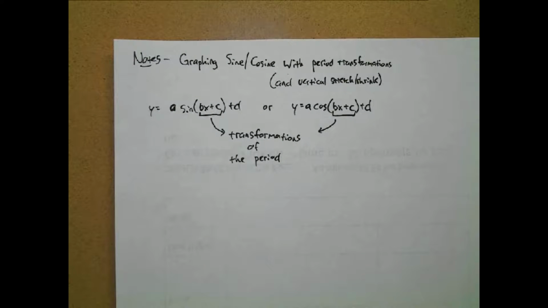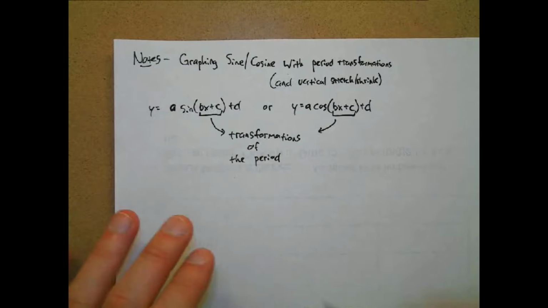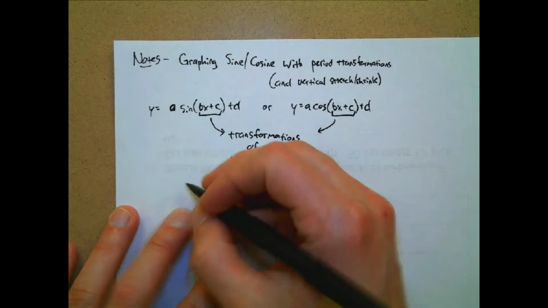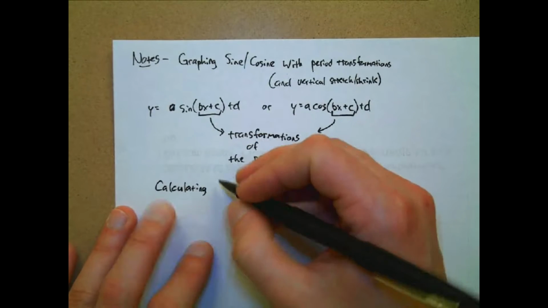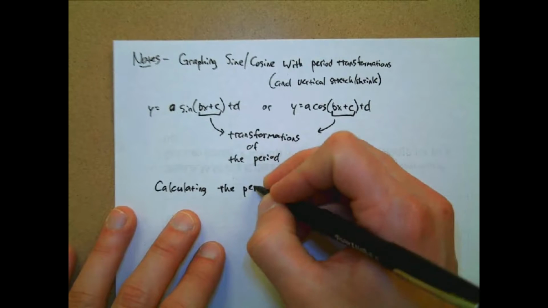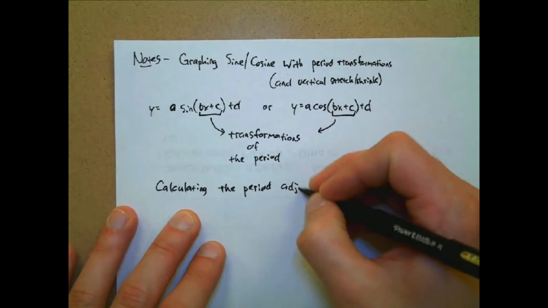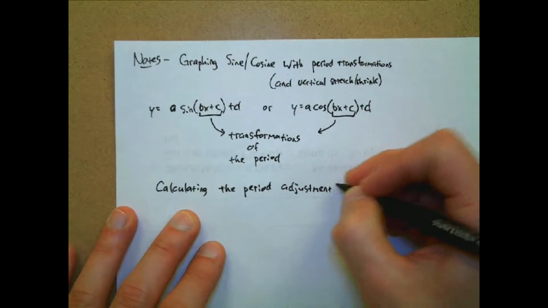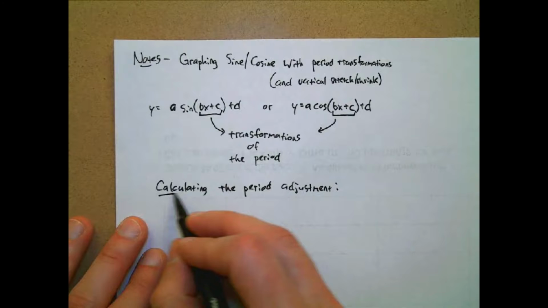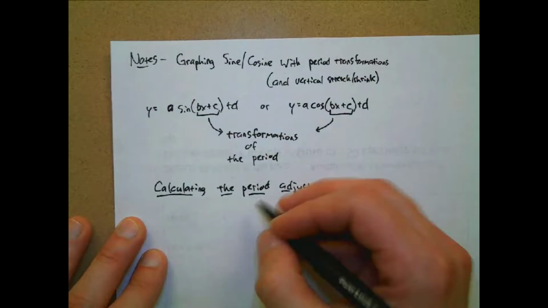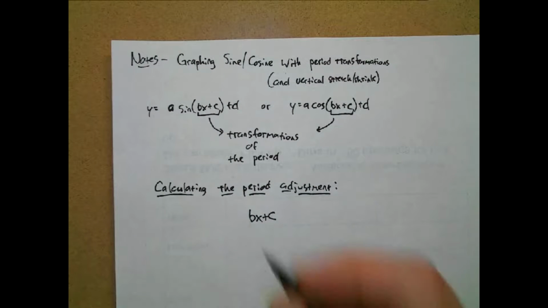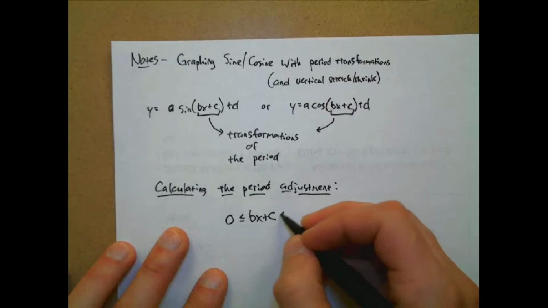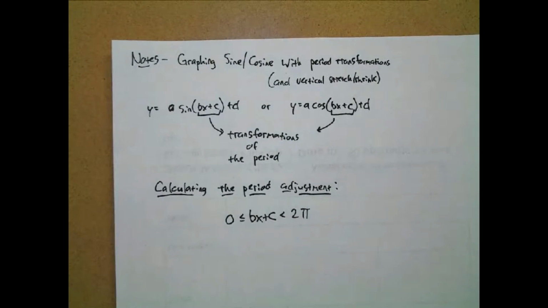Okay, and here's how we're going to account for that. So to calculate the period adjustment, we're going to take that bx plus c, whatever that happens to be inside the parentheses there, and we're going to put it between 0 and 2 pi, our normal period, right?